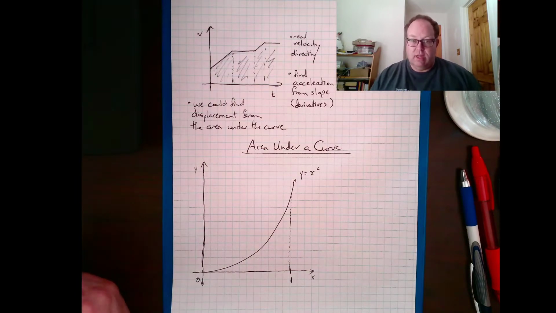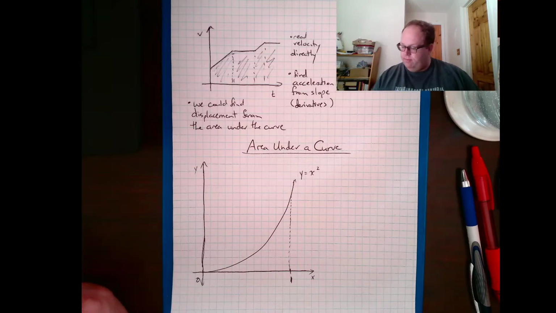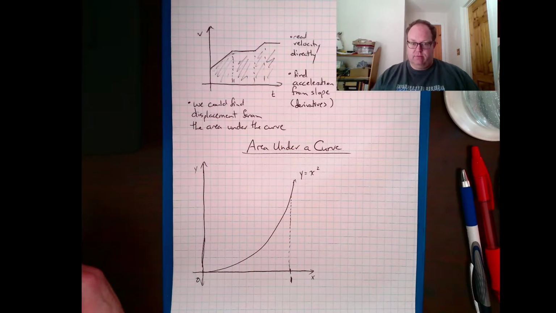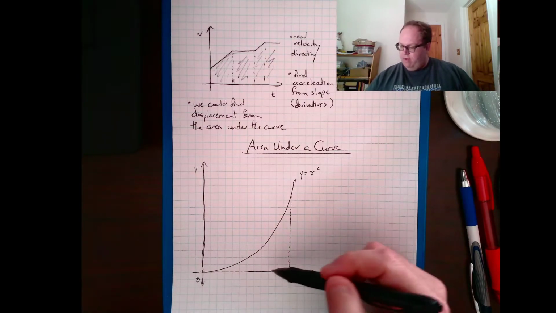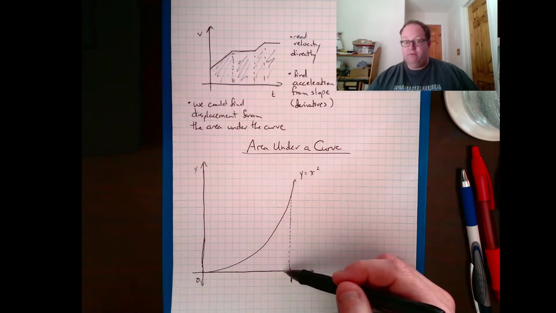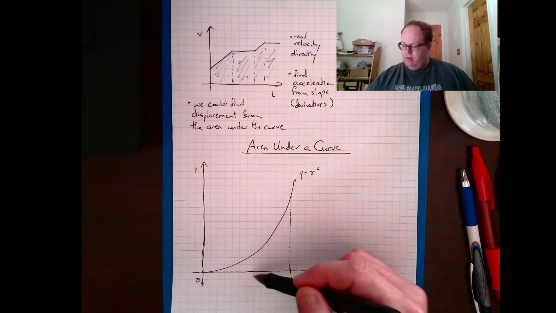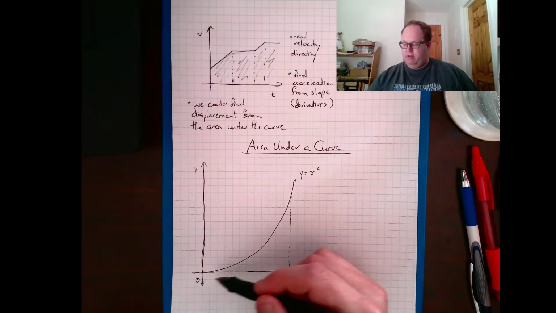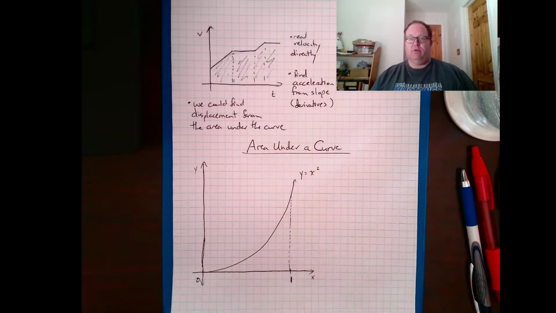So, let's talk about how we might be able to do this. I'm going to start by cutting the shape up into n different rectangles. Now, if I were to cut this section up into 4 different rectangles, each one would be 1/4 wide. If I was to cut it up into 10 different rectangles, each one would be 1/10 of a unit wide. If I cut it up into n different rectangles, each one would be 1/n wide.